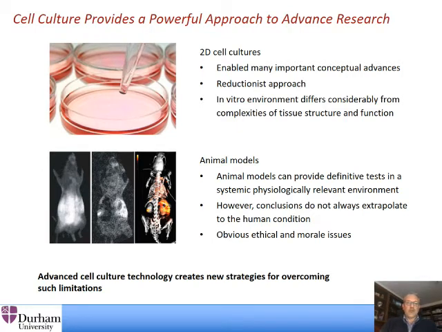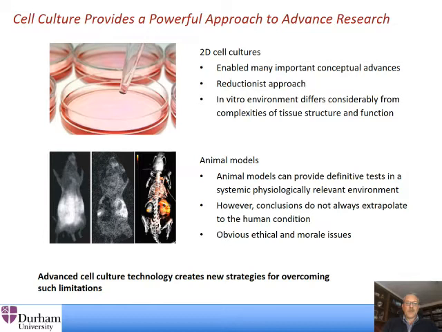It's particularly useful as a reductionist approach to study mechanisms and address specific questions. The in vitro environment, however, differs considerably from the complexities of real tissue structure and function. And that's an important feature to remember, and we'll come on to that more in a moment.